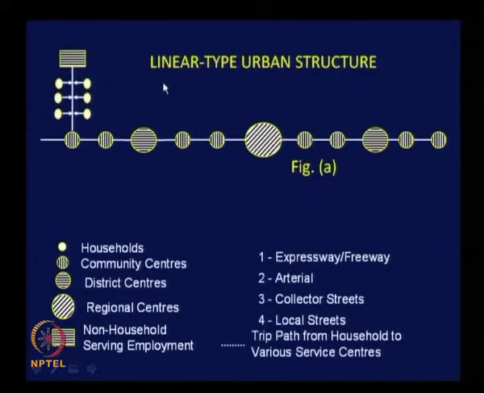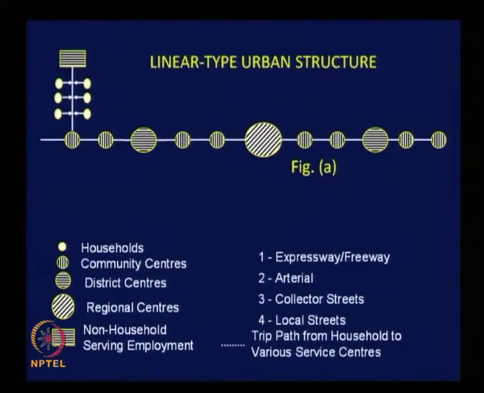Please understand, these are not exact layouts of urban structure, these are schematic diagrams, okay, illustrating the principle involved in location of activity centers and how we access these activity centers through roads of different hierarchical levels, right.